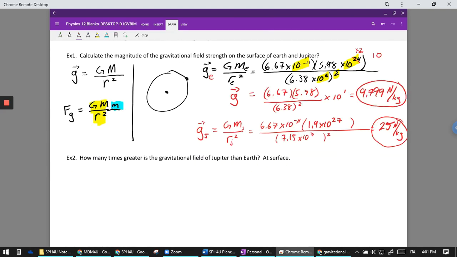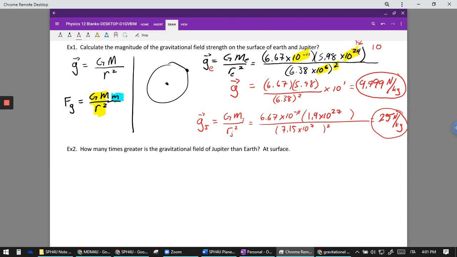Question now, example 2. How many times greater is the gravitational field of Jupiter than that of Earth? Well, this is pretty interesting. We actually already have this information. This is one of those how-many-times-greater type questions, right?